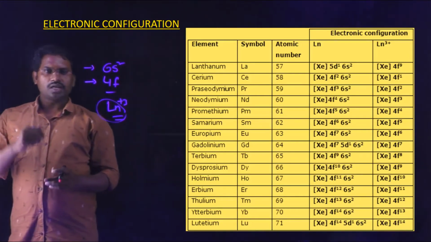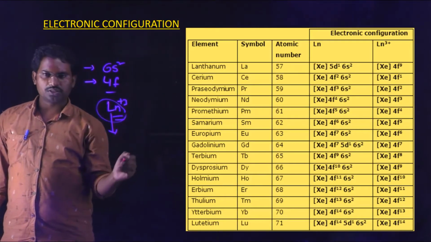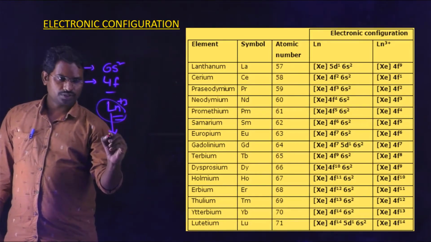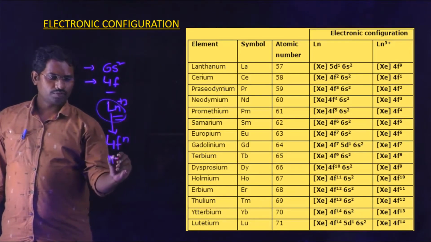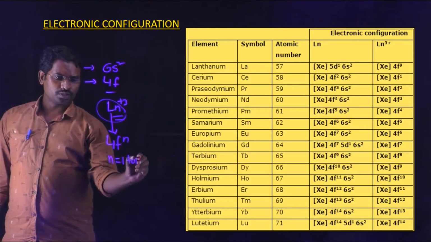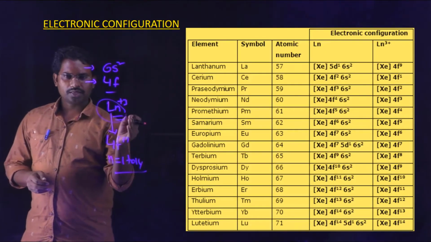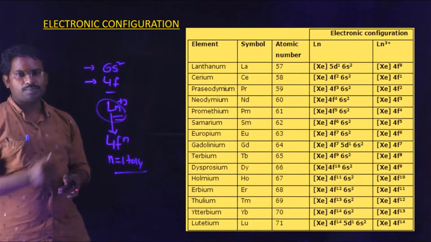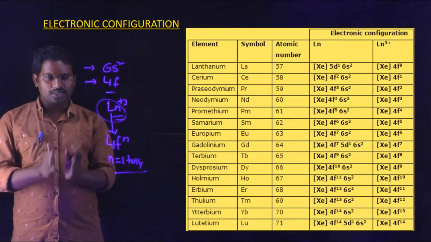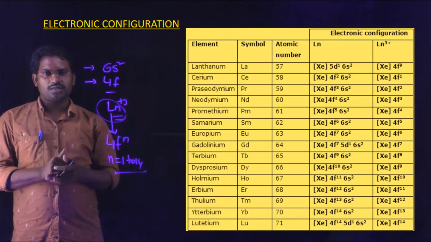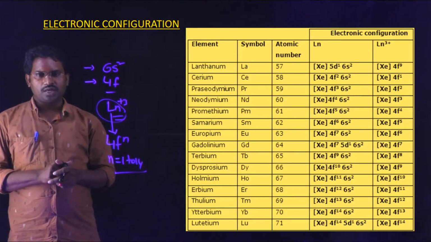Therefore, the general electronic configuration of lanthanoids in the +3 oxidation state is 4fn, where n ranges from 1 to 14. So lanthanoids are more stable by exhibiting the +3 oxidation state. That is why we have to write both the general electronic configuration and the +3 electronic configuration. This is the stable oxidation state possessed by the lanthanoid series.